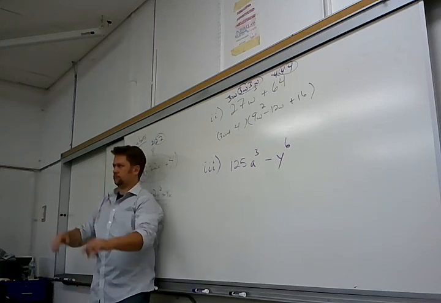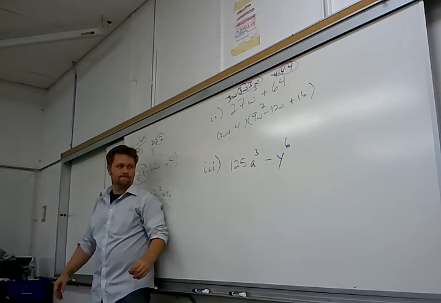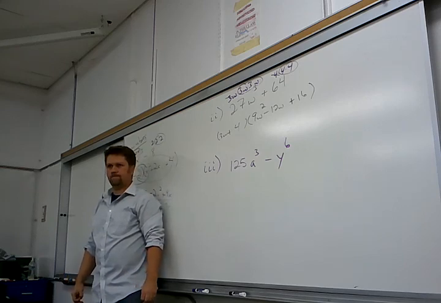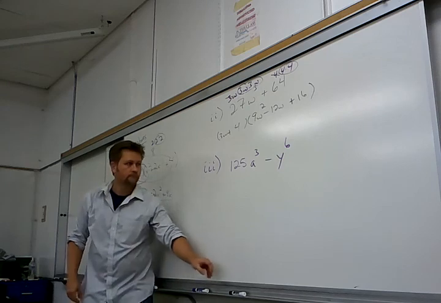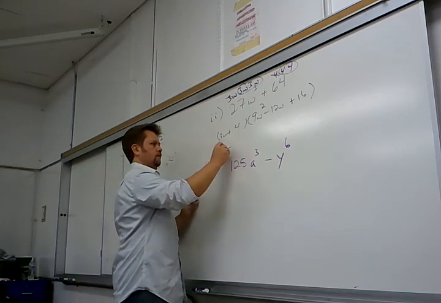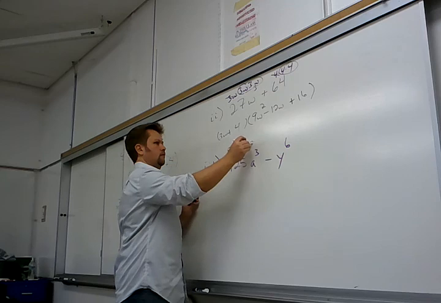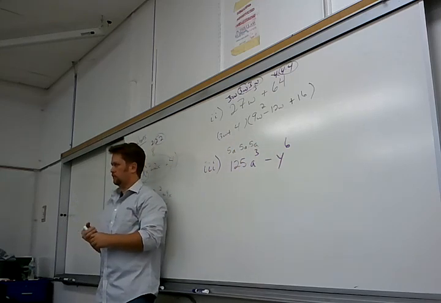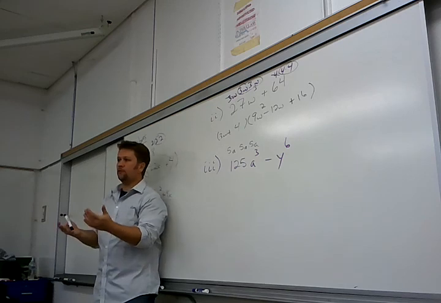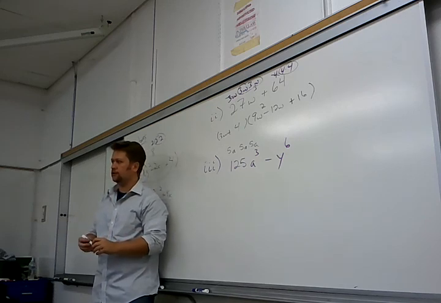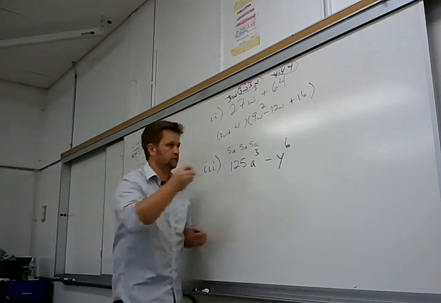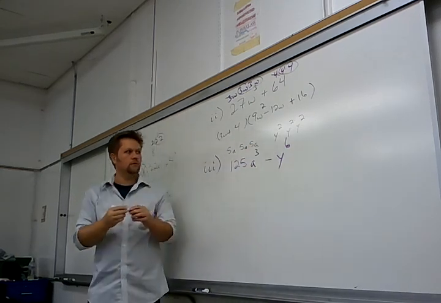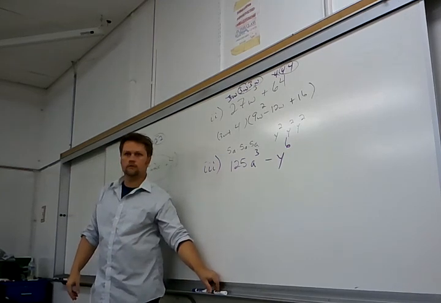Then Y to the 6th: break it into 3 parts, so they're each Y squared. So the little dude needs to have 5A minus 2Y.